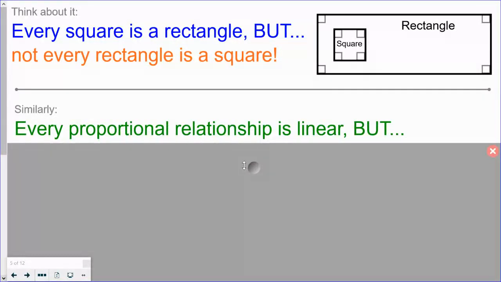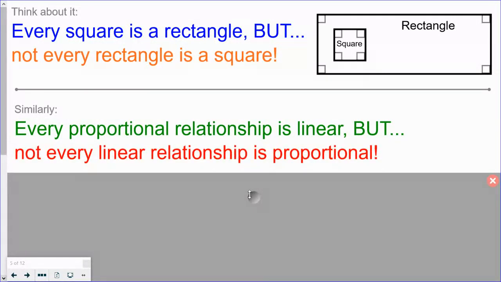So similarly, when we talk about graphs, a lot of times we'll talk about whether it is linear or nonlinear. And now we know what a proportional relationship is, and every proportional relationship is considered linear. If it is proportional, it is linear. But not every linear relationship can be proportional.